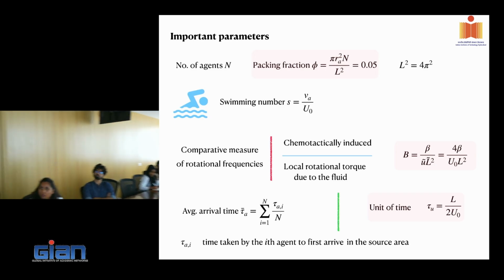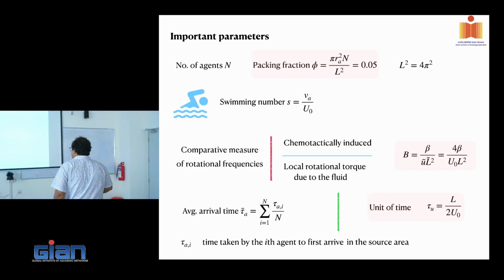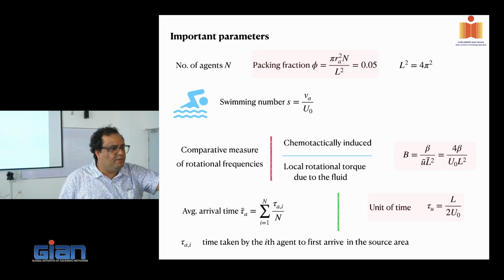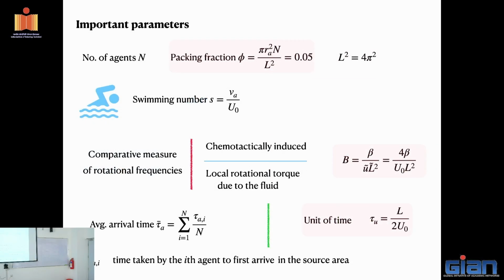Now I also need a comparative measure of rotational frequencies, that is, chemotactically induced and locally due to the fluid, and I can define a number B that is going to give me the strength of chemotactic alignment. So I have introduced a dimensionless number that tells me how strongly these bacteria or chemotactically active agents can align with the concentration gradient.